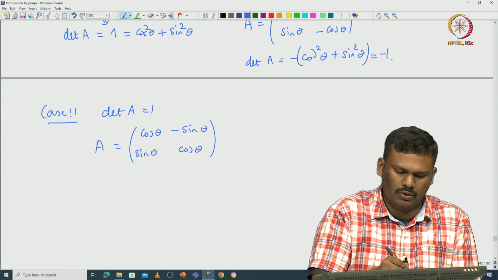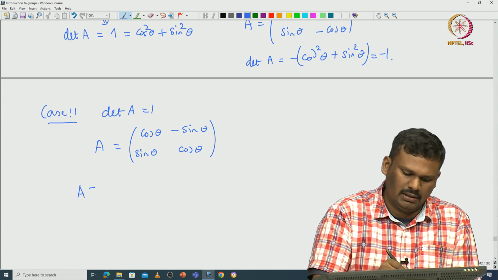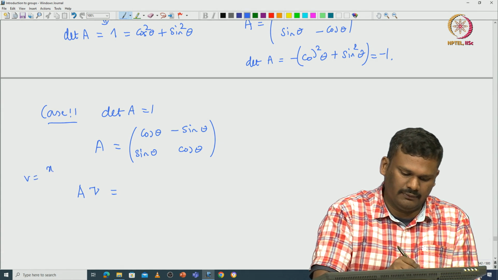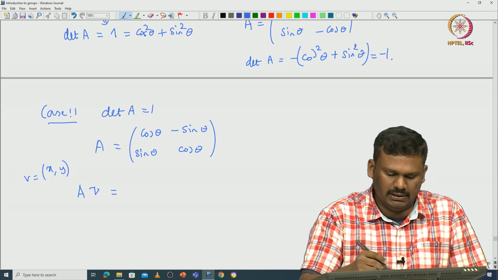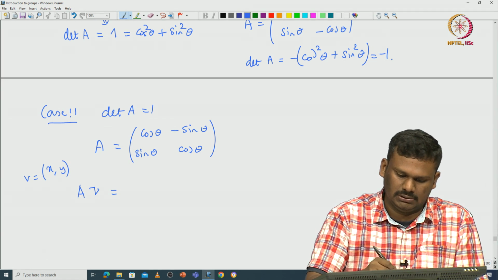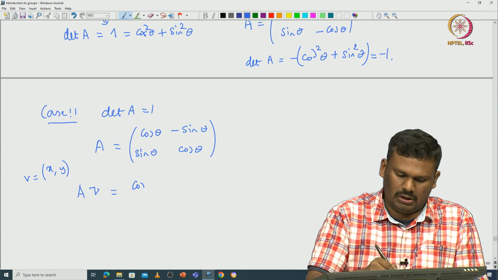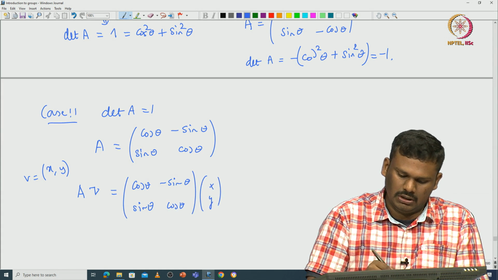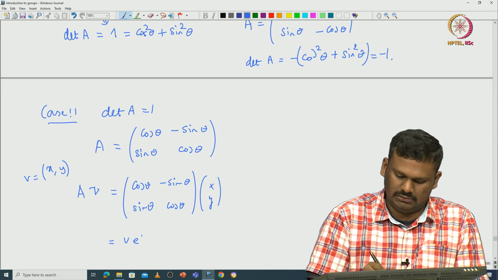So, if you just think about it, if you take V to be x y, then this A V is going to be just cos theta minus sin theta cos theta times x y, which is exactly V times e power i theta.